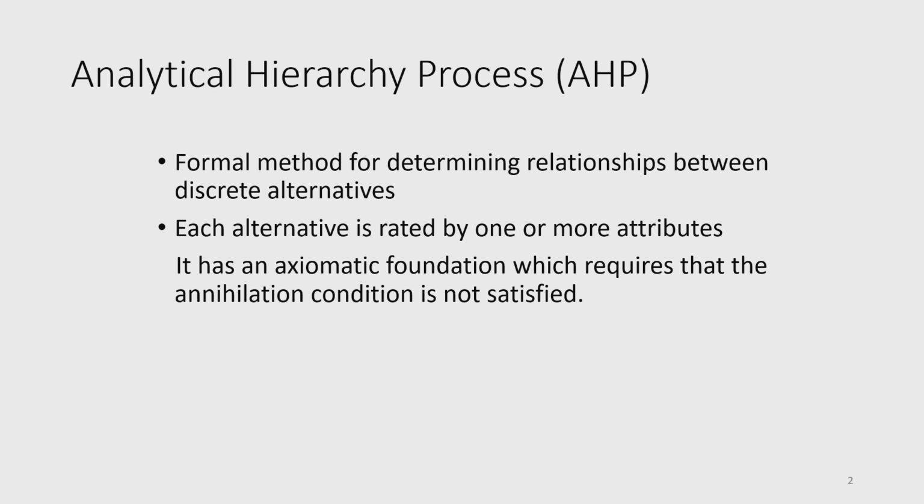Each alternative is rated by one or more attributes. It has axiomatic foundations, which require that the annihilation condition is not satisfied. So this is what we have to discuss about the analytical hierarchy process, and I will explain this with an example.